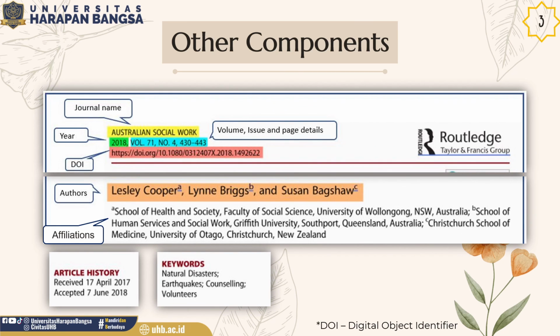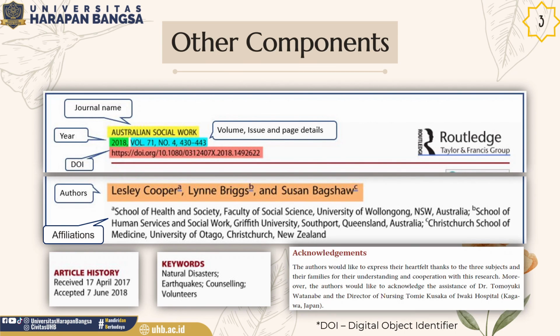Next, we have keywords, the words that are used to find information. Acknowledgements. This section is put before references and used to thank all people who contribute to the research.